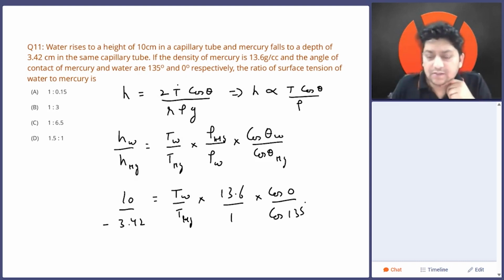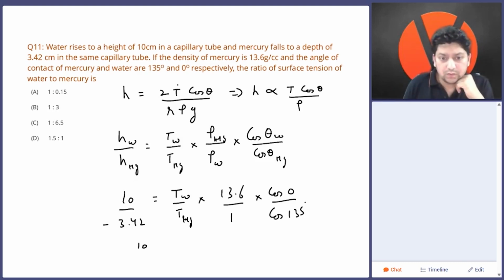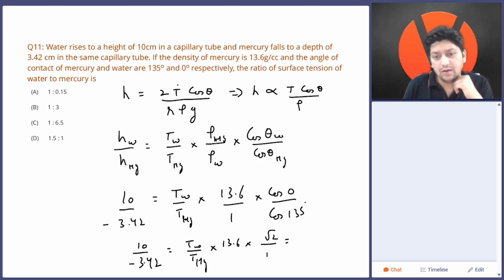Okay, so 135 is nothing but 90 plus 45, and cos of 90 plus 45 will be nothing but minus sin 45, and cos 45 is 1 by root 2. So 10 by minus 3.42 is equal to TW by T mercury into 13.6 into 1 by root 2.